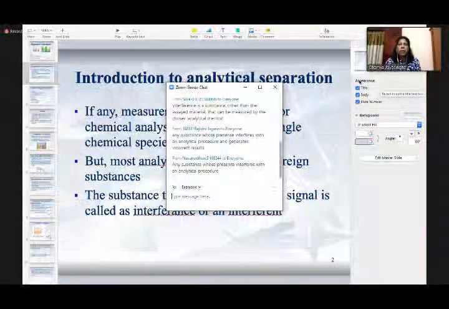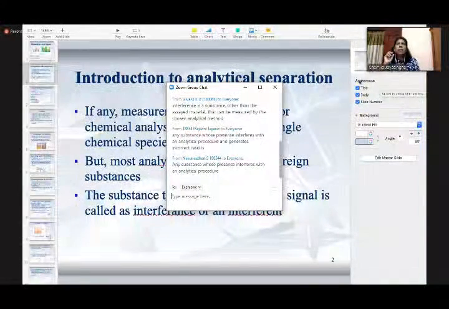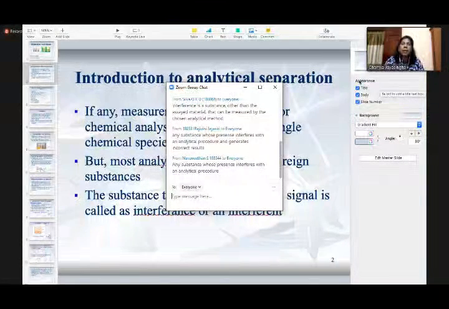But you need not worry. Using the correct analytical procedure, we can separate them, mask them, or remove them, or we can make them inert so they do not get involved in our analysis. I think you got the point now.